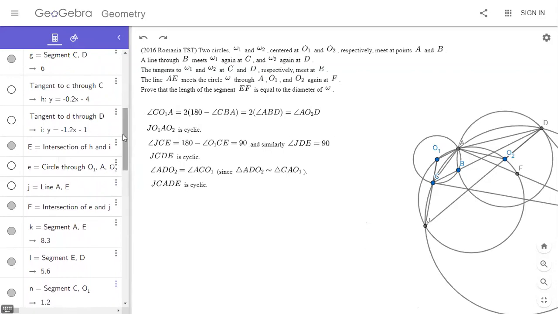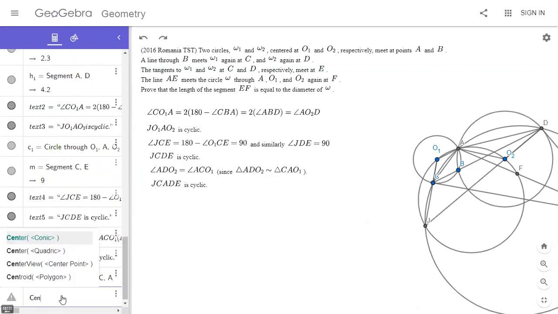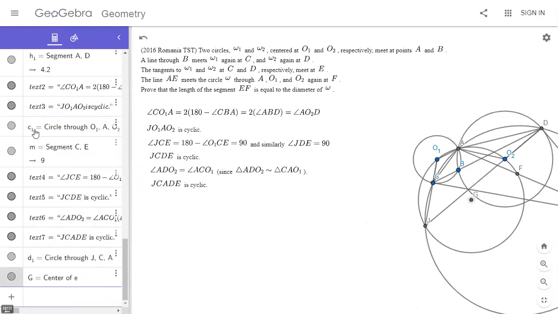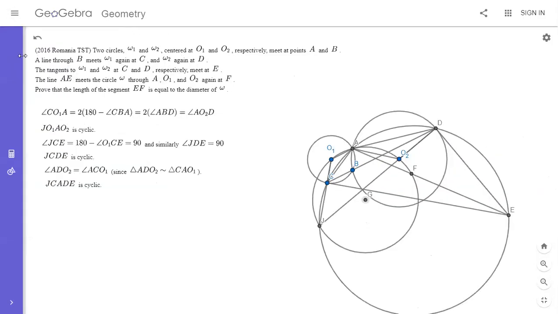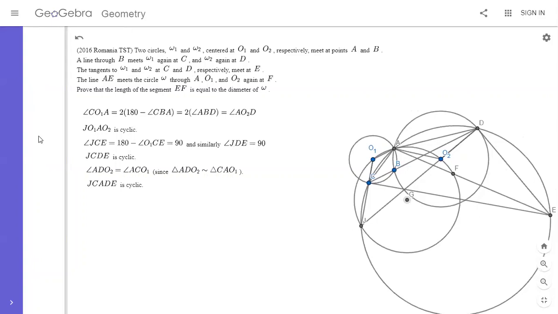It's the center of E. Okay. There we go.